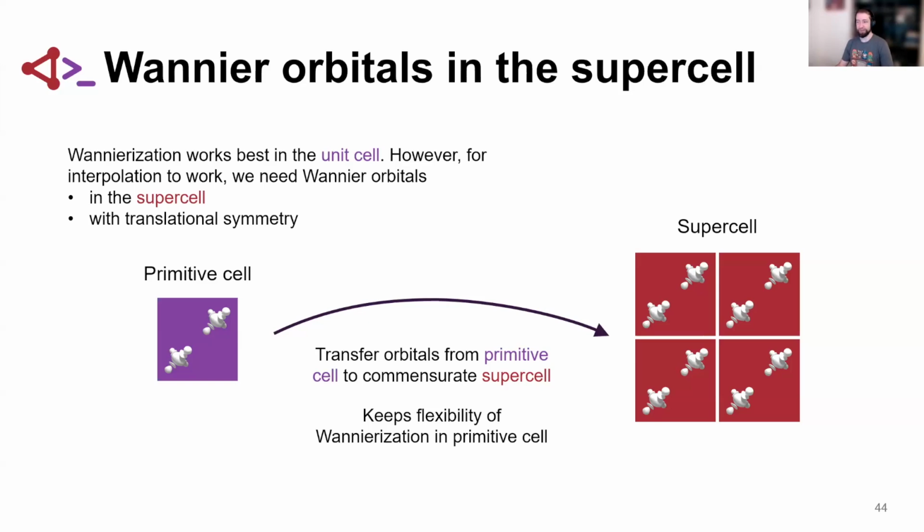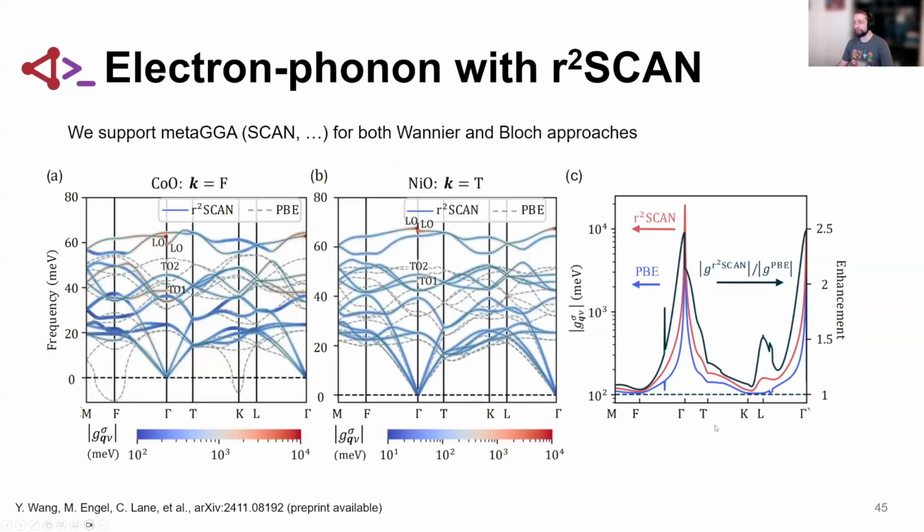All right. And so we've done some very, very recent work, in close collaboration with people who work directly with the SCAN functional. It's a meta-GGA that has very good performance and can give really good phonon dispersion relations. You see that here in the example of gold oxide and nickel oxide.